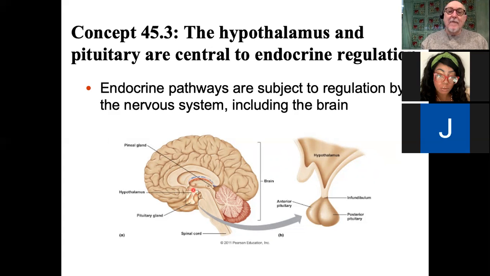Sorry, right here. Can you see this sort of cavity there? That is actually one of the cerebral ventricles. And the hypothalamus is formed from the walls of that ventricle down here at the end here.